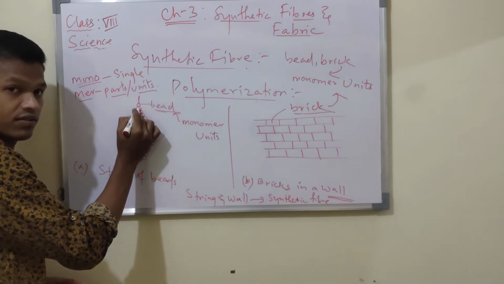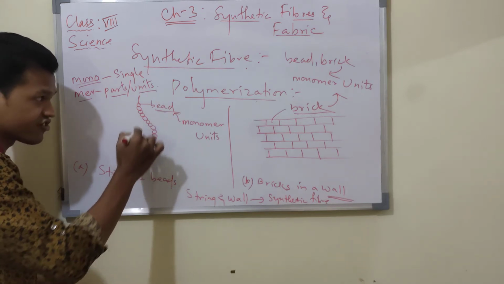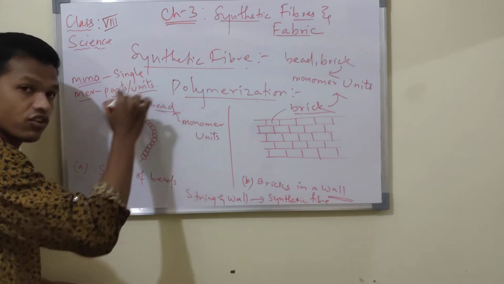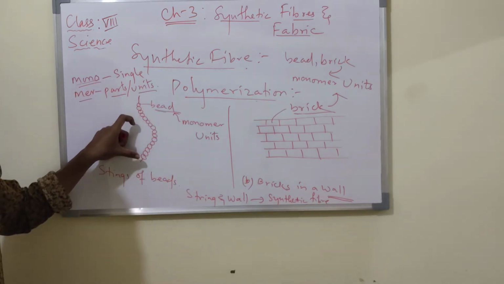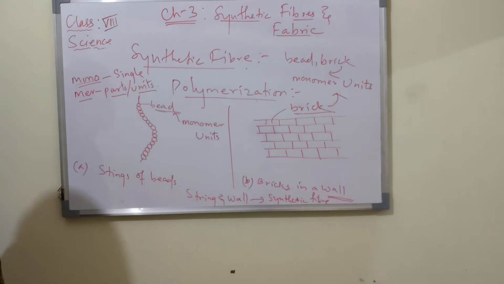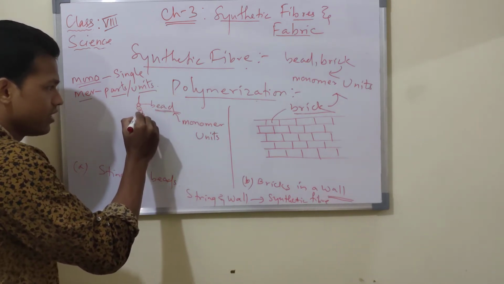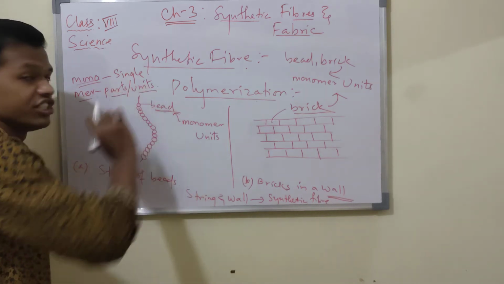Another bead here, and another bead. These beads are arranged in a long string. Together they are called a string of beads, or synthetic fiber, or you can say they are known as polymer. This is one bead, this is another bead. These beads are arranged together to form a large unit.